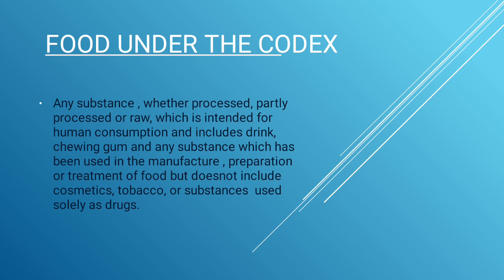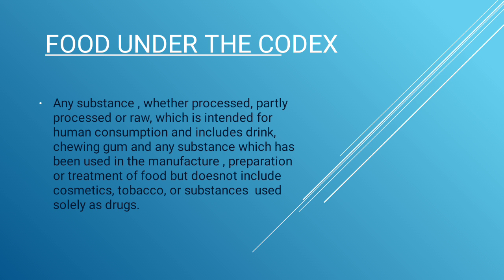Which means the main task of the Codex Committee on Food Hygiene is to draft provisions on food hygiene that are relevant to all foods as well as provisions that apply to specific food items or food groups.